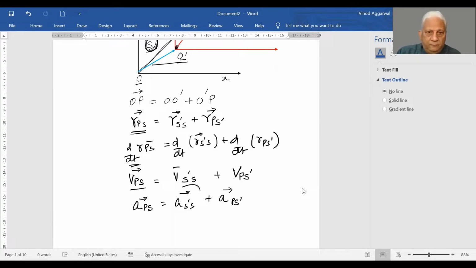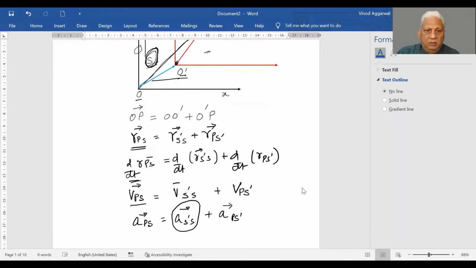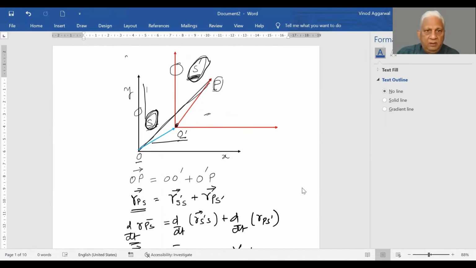Now, if the acceleration of S dash with respect to S happens to be 0, meaning these two frames may be moving with respect to each other, but they are not accelerating with respect to each other, meaning between these two frames there may be a relative velocity which is constant.